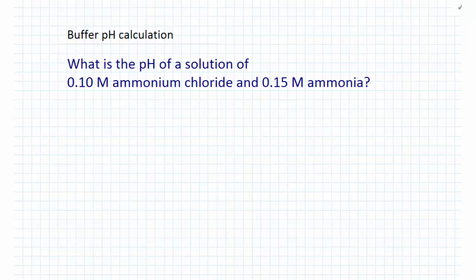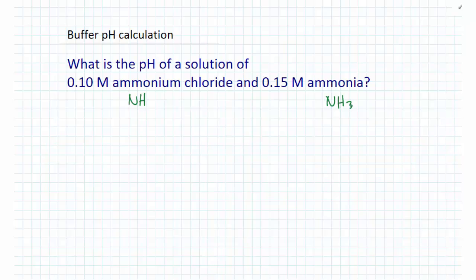What's the formula for ammonium chloride? Regular ammonia is NH3. What is ammonium? I'll give you a hint.